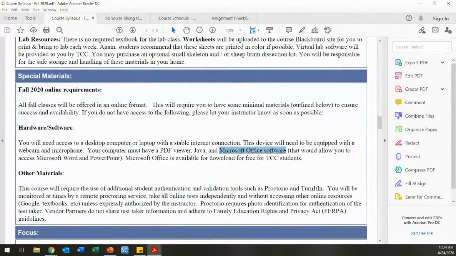I'll talk a little bit more about this. There was a question about homework assignments and labs and what we turn in. So I'll show you guys this in Blackboard. Almost everything that you are submitting to me is going to be a multiple choice, fill in the blank type assignment in Blackboard. There will be a couple of written assignments that you'll be submitting to me, and that's where we need Microsoft Word.